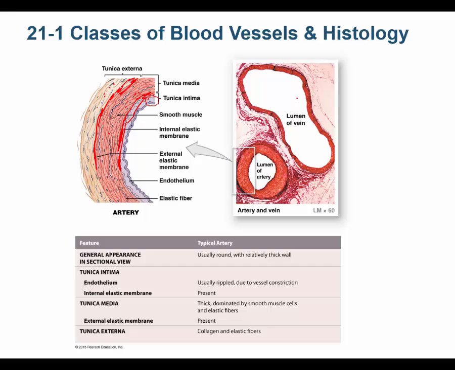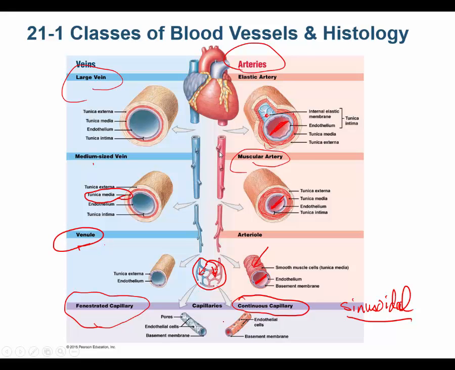Now, let's look over here at a micrograph of a blood vessel. The veins are typically large when I look at the lumen. And the arteries, in relation to the veins, now you have to compare apples with apples. You have to compare large veins with elastic arteries, or you have to compare medium veins with muscular arteries, or you have to compare venules with arterioles.